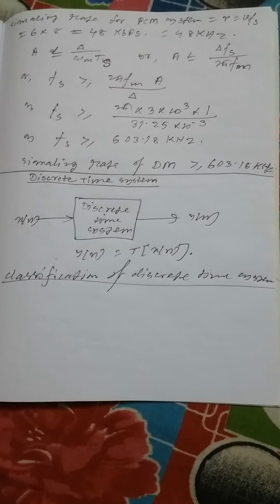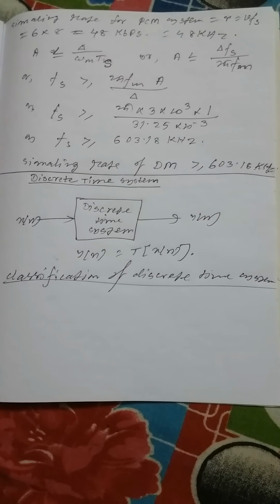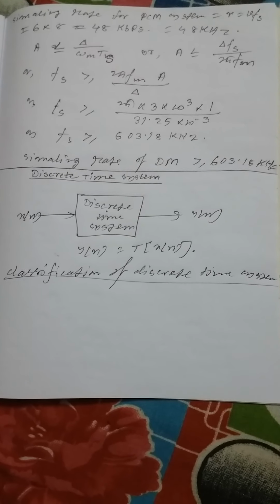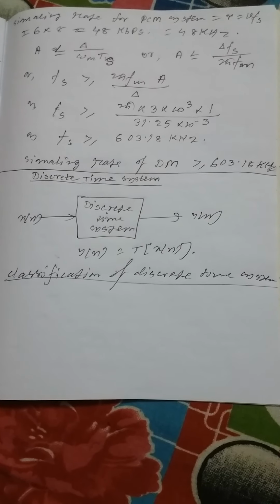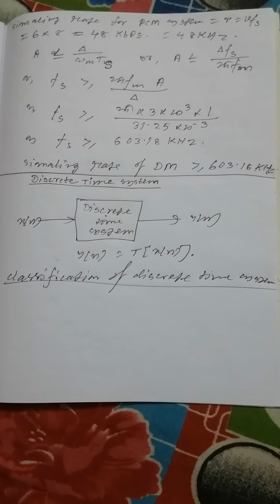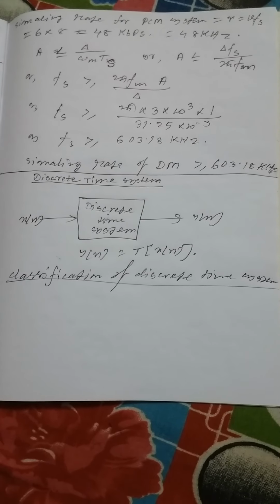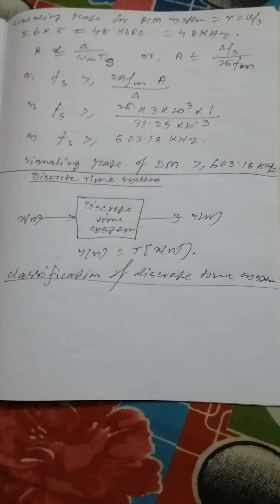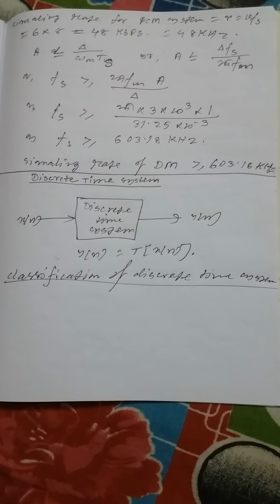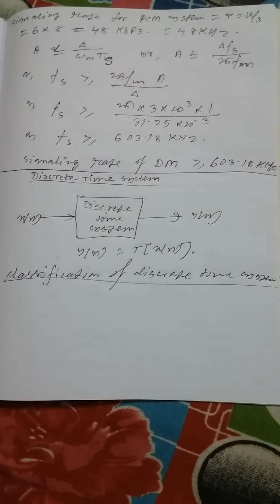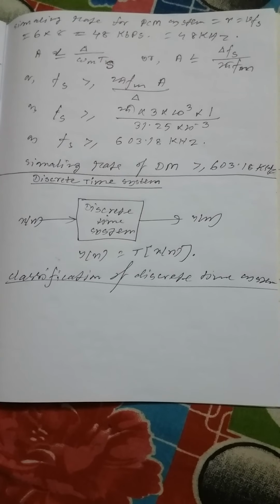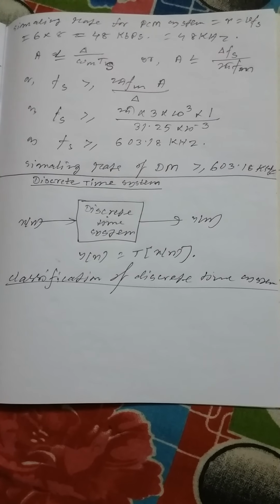They are static and dynamic system, causal and non-causal system, linear and non-linear system, time variant and time invariant system, FIR and IIR system, stable and unstable system. Now static and dynamic systems are not in your syllabus.